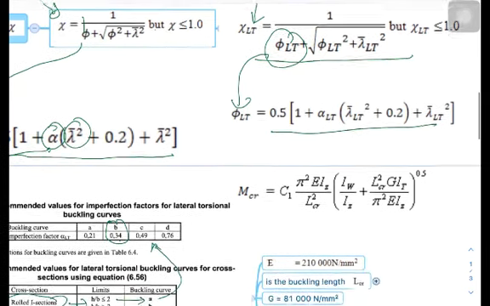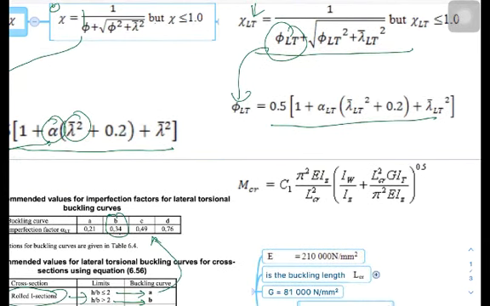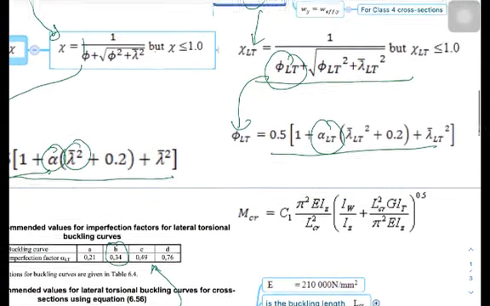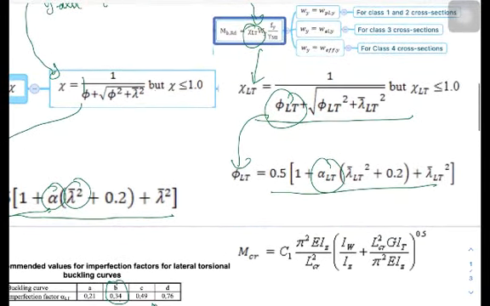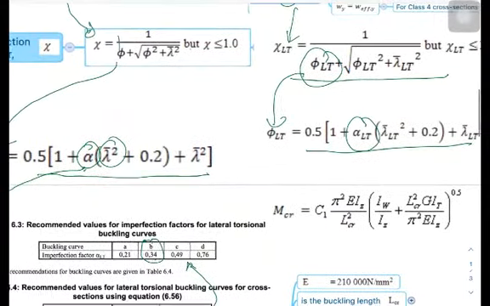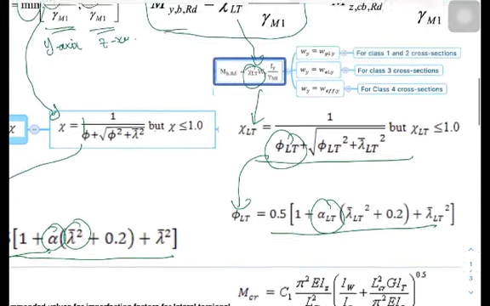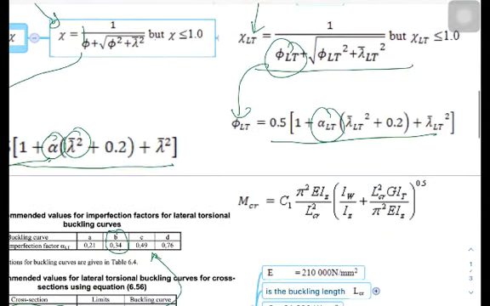Then to get the value of phi LT, you need to know lambda LT. Now the lambda LT here comes from table 6. I forgot already which table.